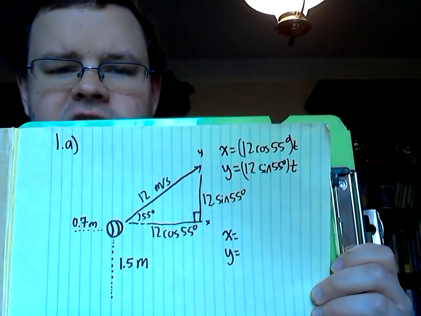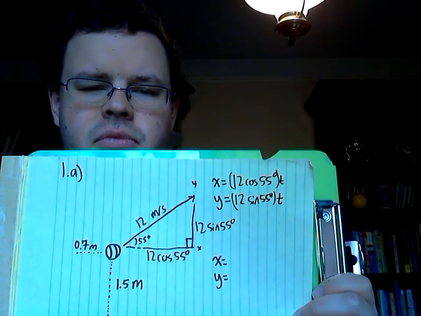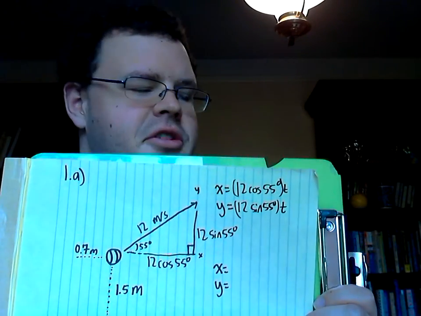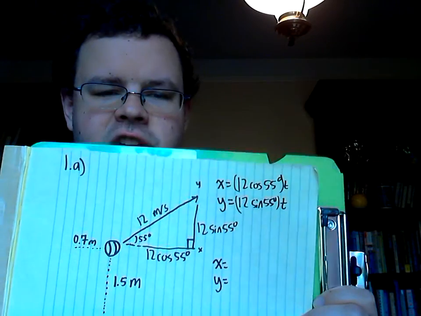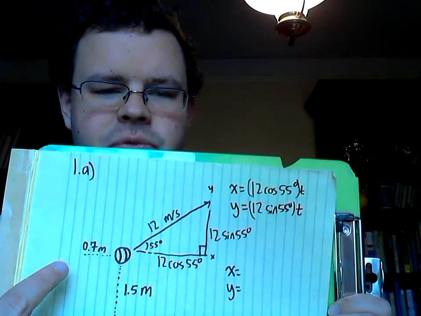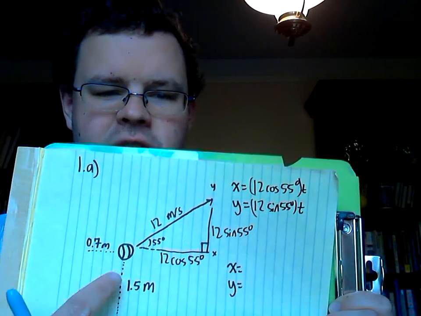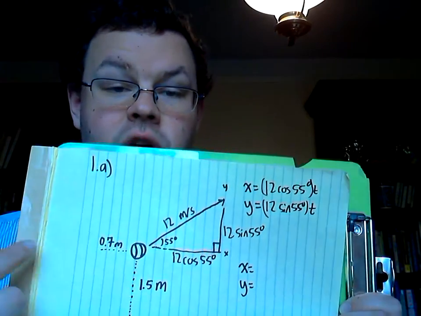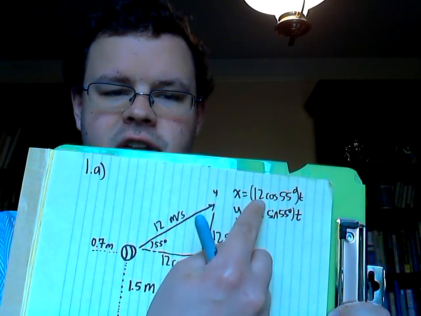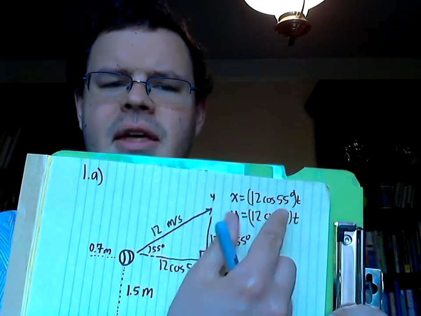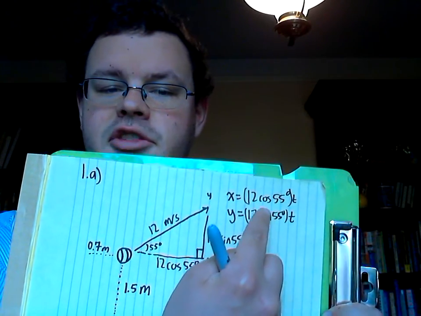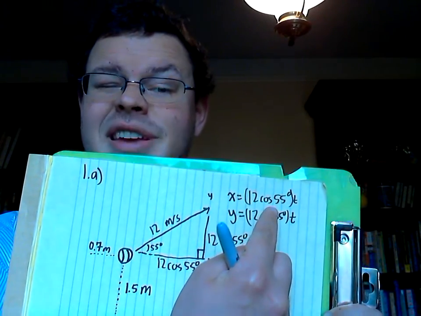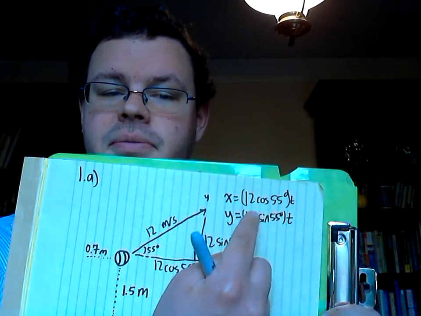So you get these parametric equations, but there are some other things to keep track of as well, like the fact that the ball is starting out with an x value of 0.7 and a y value of 1.5. Notice here I have speed times time, that gives me the distance traveled. 12 cosine of 55 degrees is the speed in the x direction.